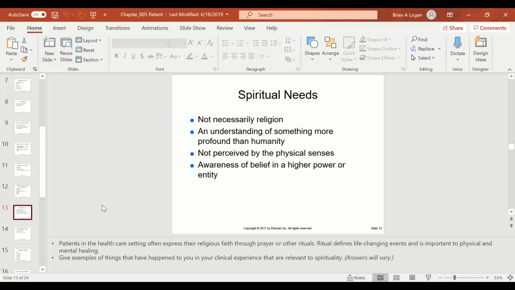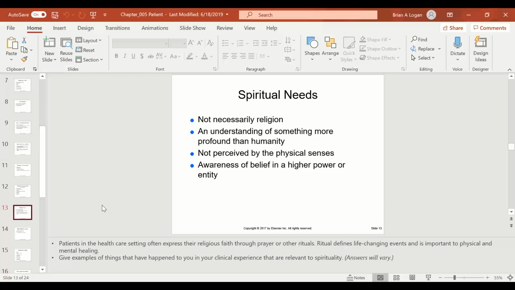What else can I think of? I've had patients who wanted a quick prayer before they went to sleep in the operating room. If you're not down with any of that, that's fine. You don't have to participate in it, but at the same token, be respectful and don't laugh or make a joke about it, because it's very important to the patient.